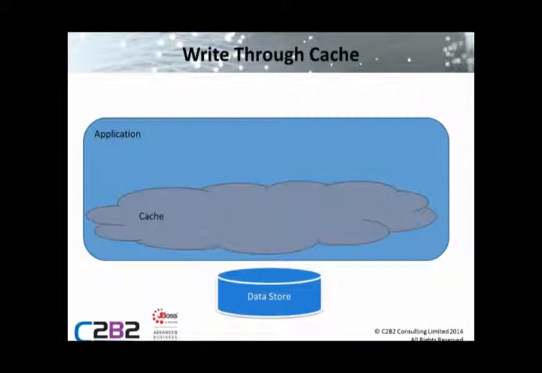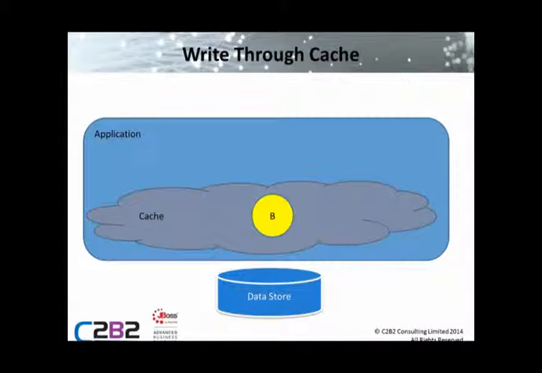Similarly, we can do something called write-through. In a write-through cache, you put some data in the cache, so you put an object in with key B. That object will sit in the cache and will also then be written through by JBoss Data Grid into a relational data store.